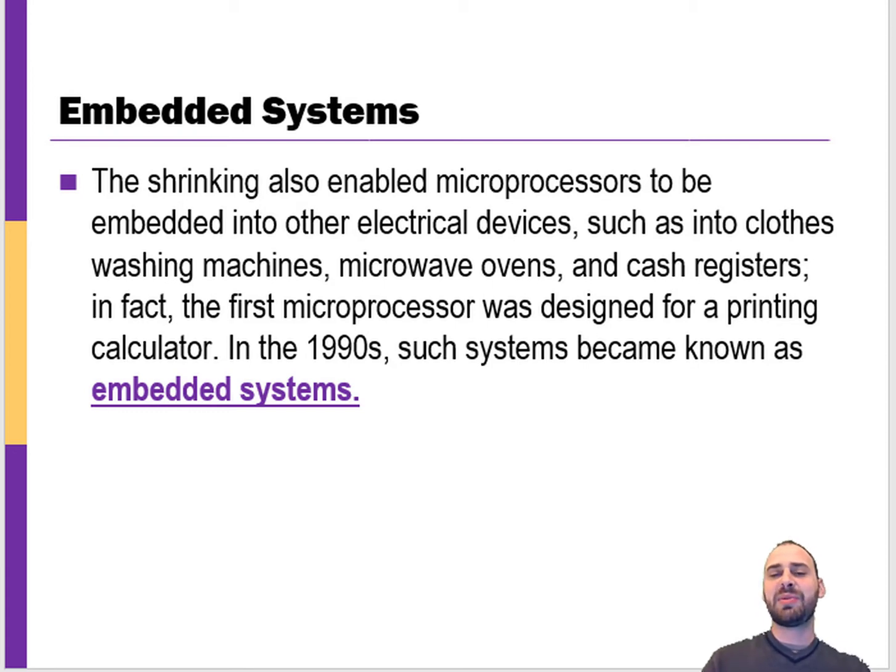So embedded systems is we're taking a microprocessor and we're embedding it into anything from clothes, washing machines, microwave ovens, cash registers, right? The first application was really for a calculator, right? And in the 90s, this is where you start actually seeing embedded systems, where the technology has evolved to a point where we could start having technology deployed in this way. Okay, I'll go a little bit deeper momentarily on what this is.